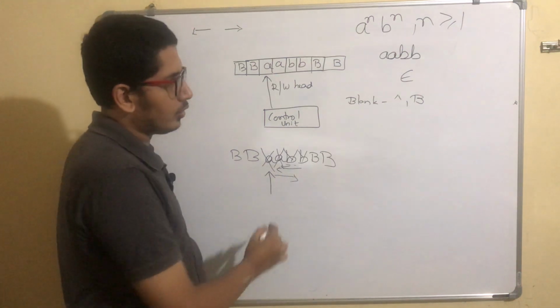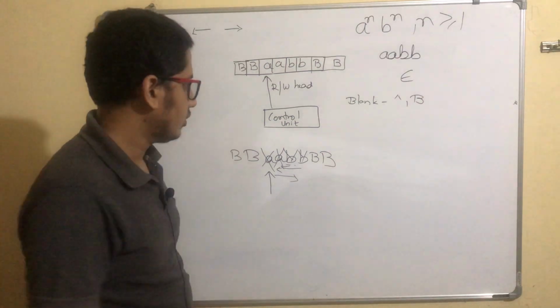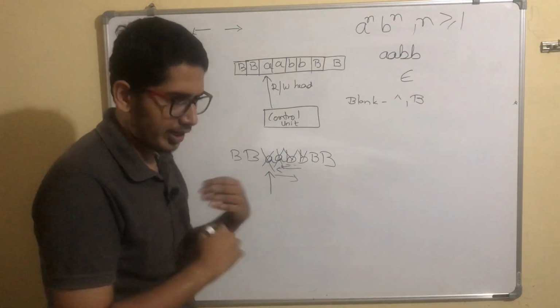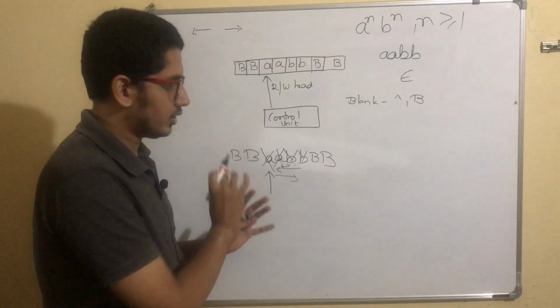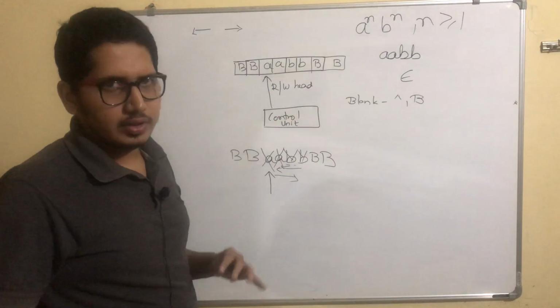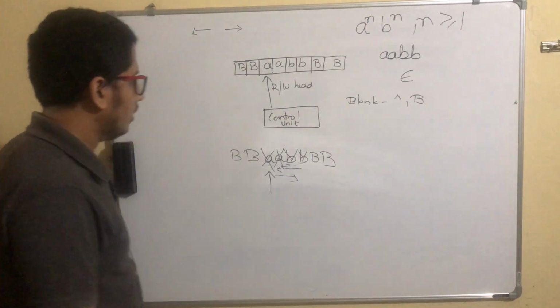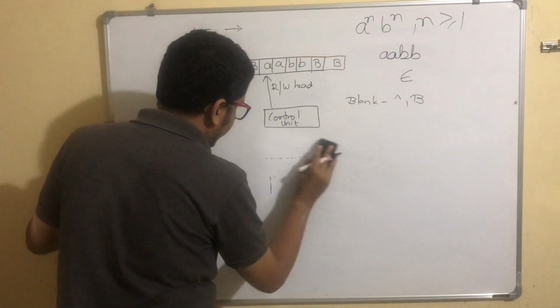When it comes back to X and sees no more A's, it goes right again to make sure that no B's remain. Once no B's are remaining, it's sure that the string is accepted by the language, and we can design a Turing machine. Let's see one more example to get a better understanding.